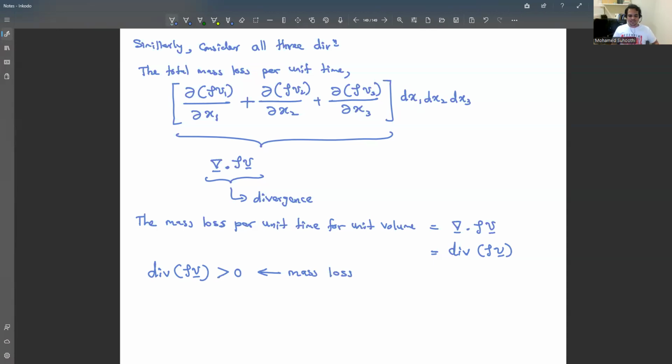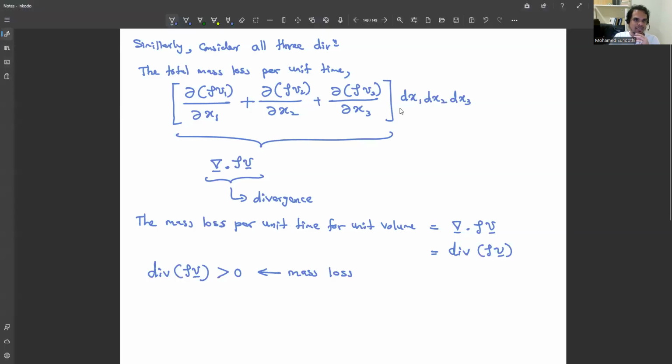Okay. What do you mean by mass loss? Mass loss means spread out, right? It's like the mass is spreading out.